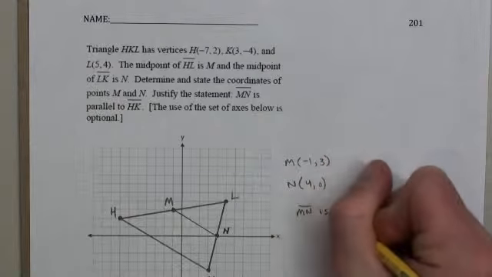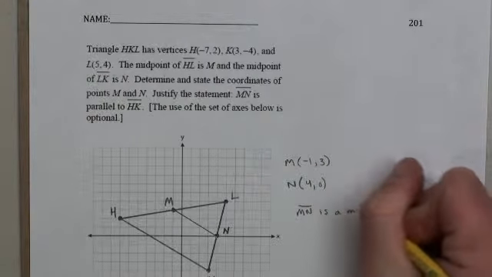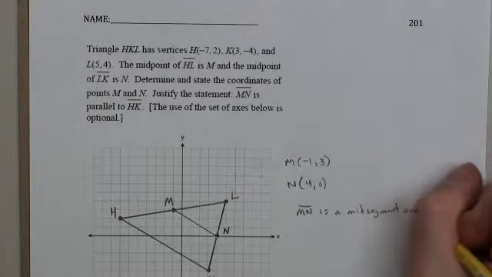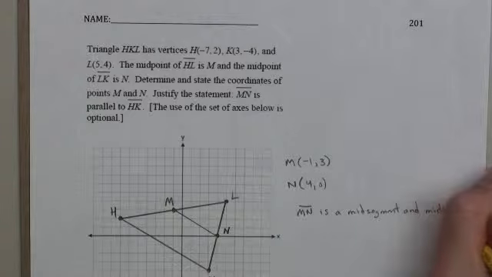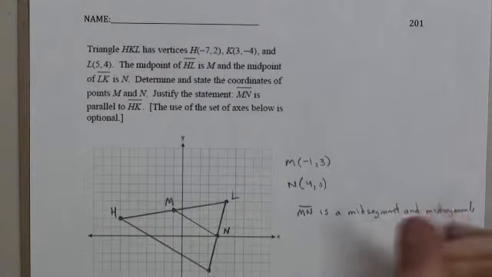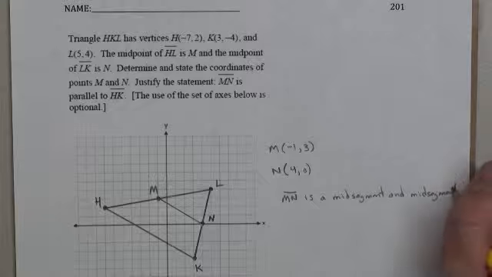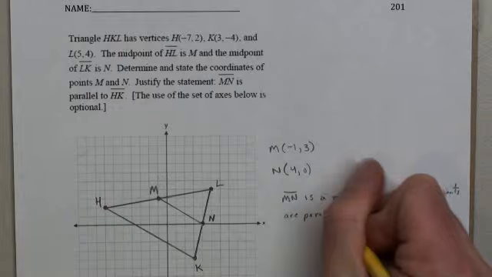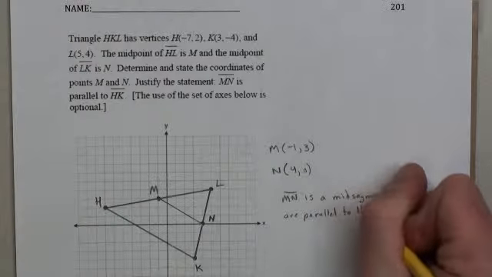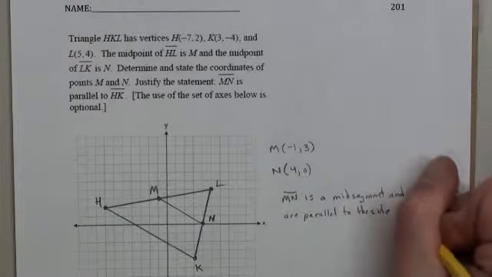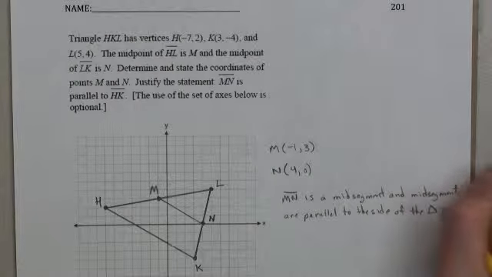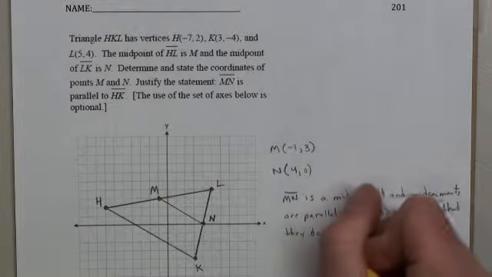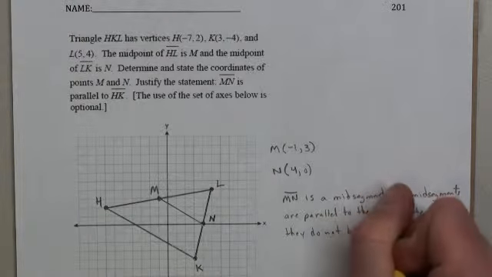And justify the statement MN is parallel to HK. Segment MN is a midsegment, and midsegments are parallel to the side of the triangle that they do not bisect.